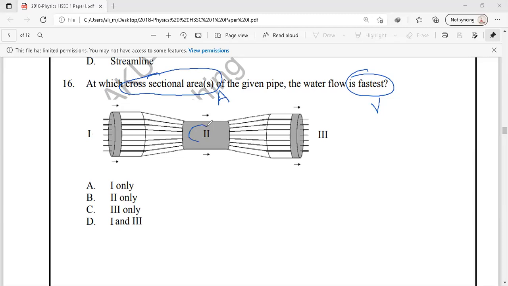So as we can see in region 2, there is less area, that makes the particles of the fluid move faster through this region. So the correct option is option B, 2 only.